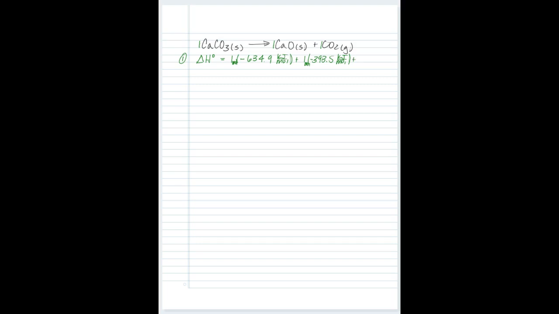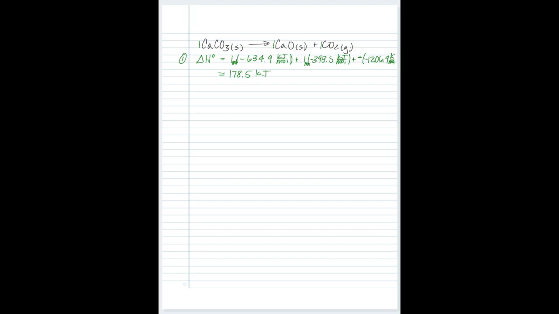And then we're going to add that to the negative of the delta H of formation for calcium carbonate, which is negative 1206.9 kilojoules per mole. Okay, if I add all of that together, I will get a delta H of 178.5 kilojoules. Okay, so that's the delta H.